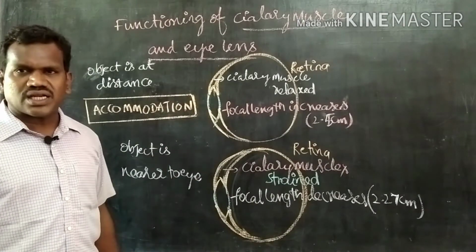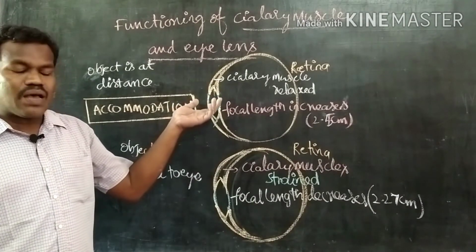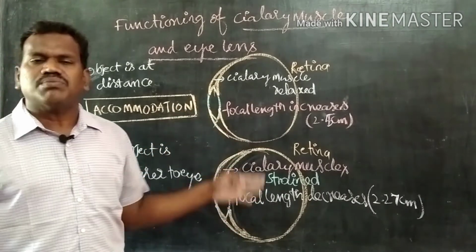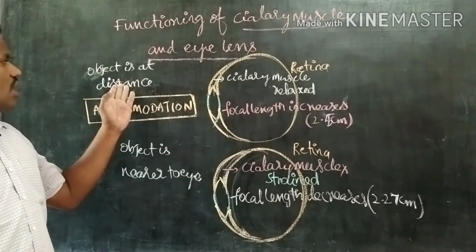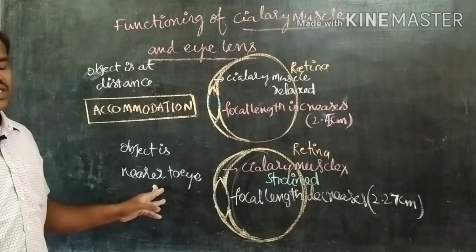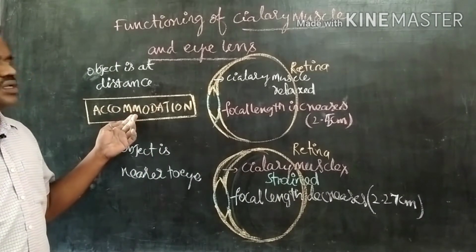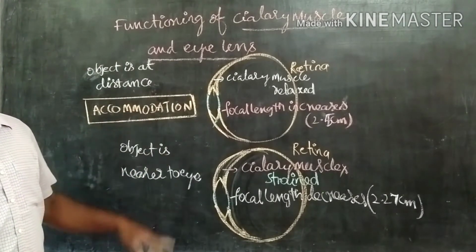One thing we can also observe: there is a capability to adjust the focal length of the eye lens by itself, to farther distance objects as well as nearer distance objects. That ability is called accommodation of the eye lens.